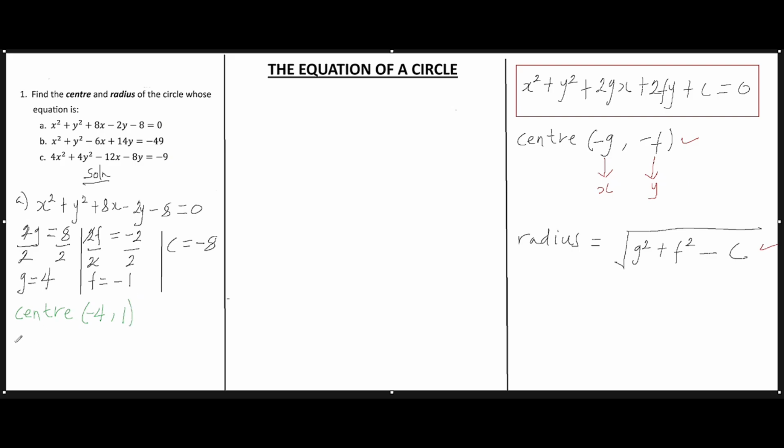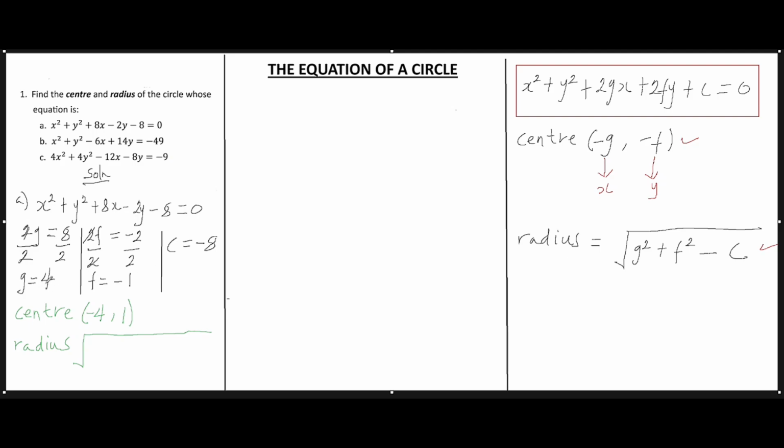Now radius. Remember the formula for finding the radius. To calculate the radius, that is g squared plus f squared minus c, all of this expression inside the square root.